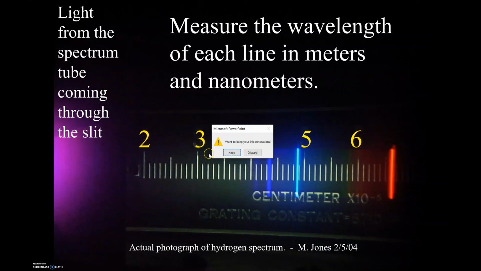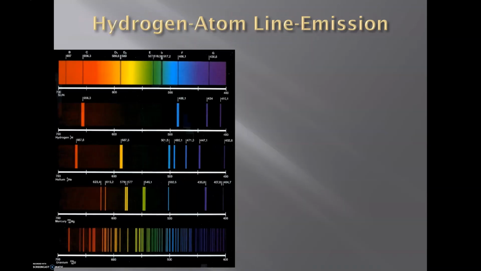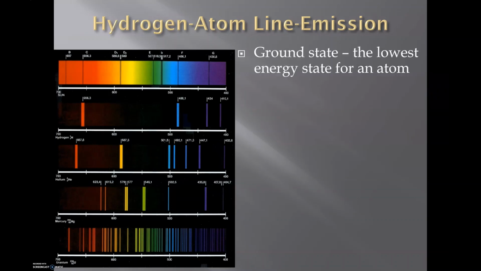When we talk about Bohr's model, Bohr's model is only good for the hydrogen atom. If we go beyond that, it starts to have problems, and that deals with Schrödinger's equation, which we'll get to in a future video.